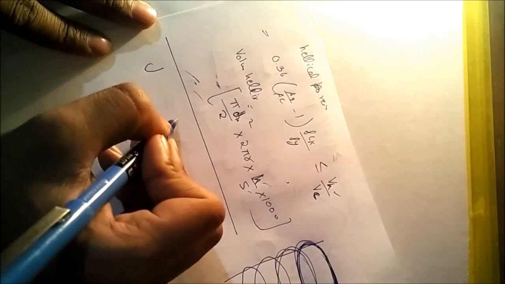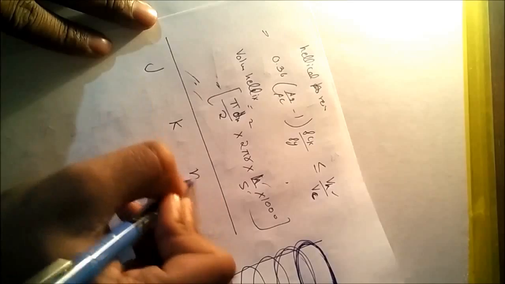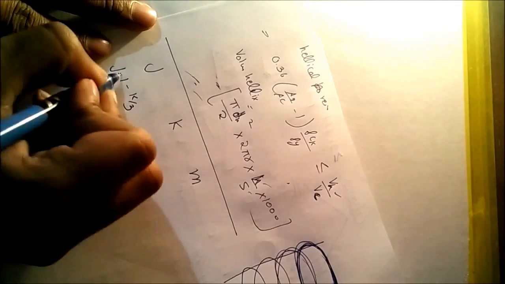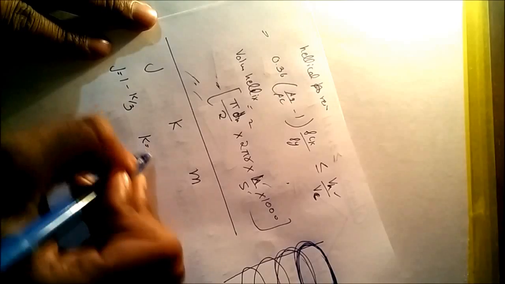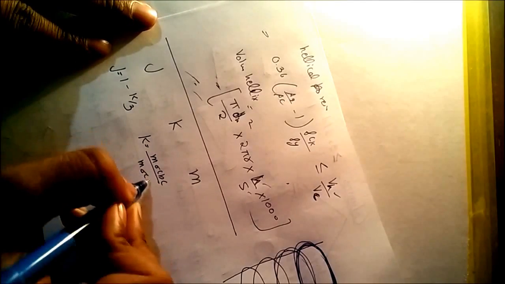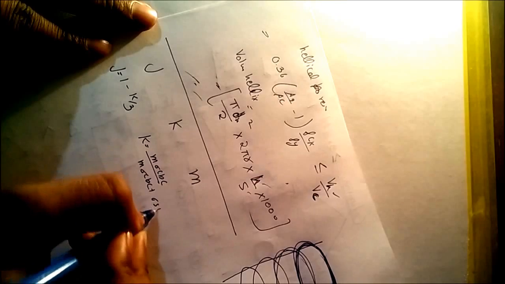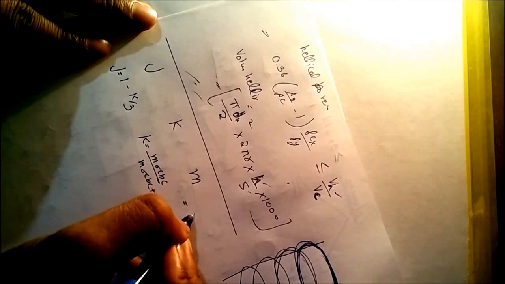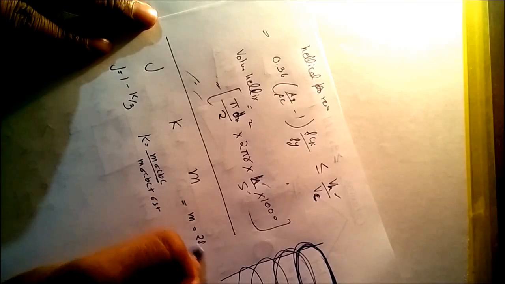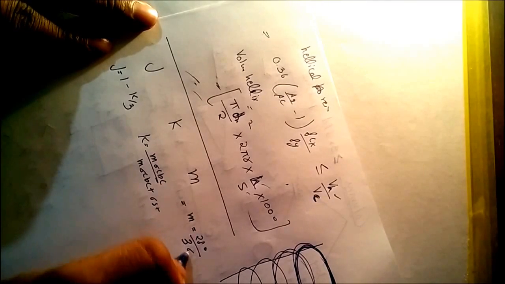Now coming to the slab. The simple formulas for the slab are J, K, M. J is equal to 1 minus K by 3. K is equal to m sigma CBC upon m sigma CBC plus sigma ST, and m is equal to 280 upon 3 sigma CBC.